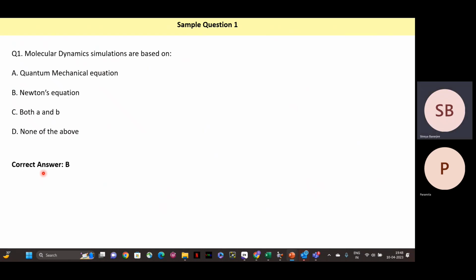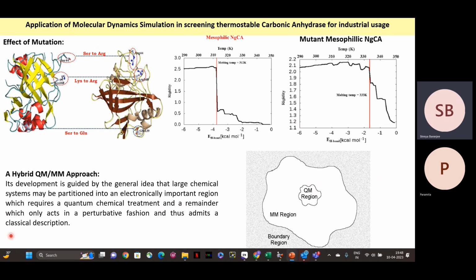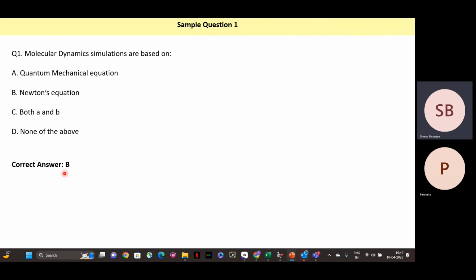So the answer here is B, or Newton's equation. Like I discussed in the previous slide, the hybrid approach, which includes quantum mechanics, is called a hybrid QM-MM approach. Molecular dynamics simulation, which is what we studied, is based only on Newton's equation.